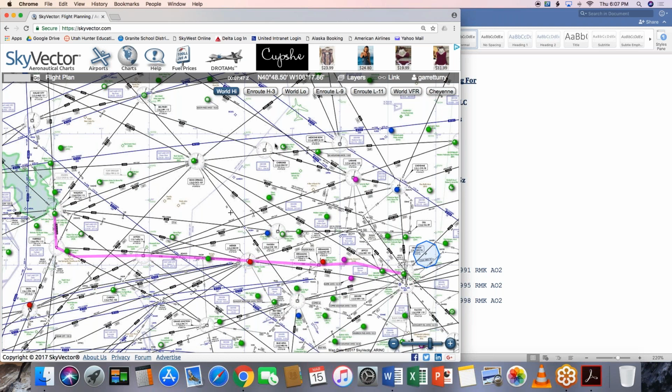That being said, now that we've figured out our altitude, what's the next step? Yep, now we've got to do our simplified flight plan. So what do we need to do? What chart do we need to go to figure out our simplified flight plan?